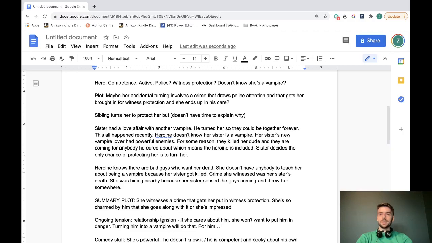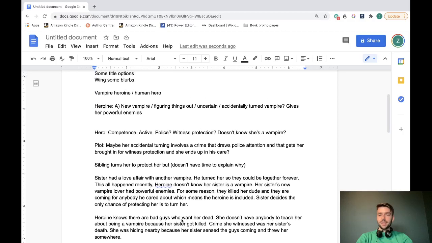At least for me, that's been one of the easier ways to come up with reasons that they can't be together, is to give them both a flaw. I haven't done that yet, so I'm going to go back and think a little more about them as a person versus just their job and their sketch.